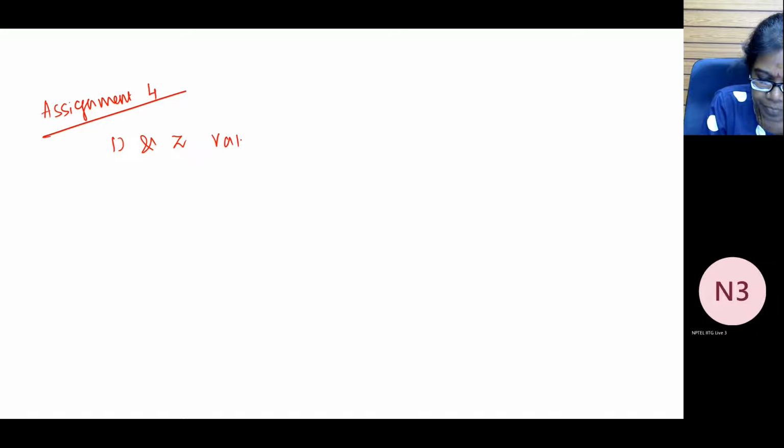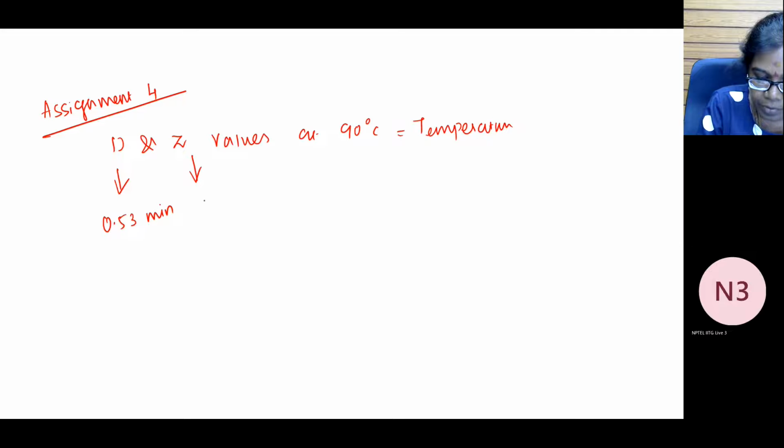In assignment 4, we had asked a question. We had given D and Z values at 90 degrees, which is the processing temperature. The D value is 0.53 minute and Z value is 7 degrees.